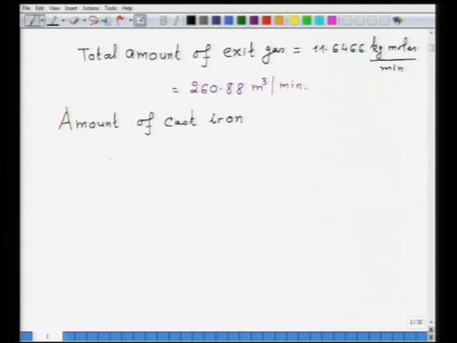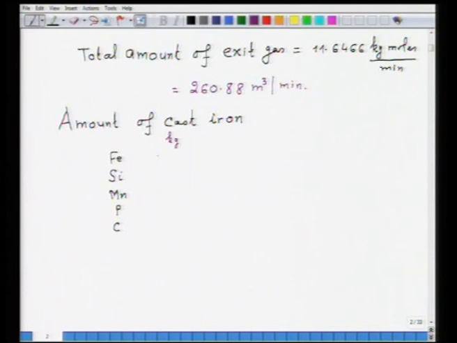So, the amount is, say I will write iron, silicon, manganese, phosphorus and carbon, and their amount in kg.